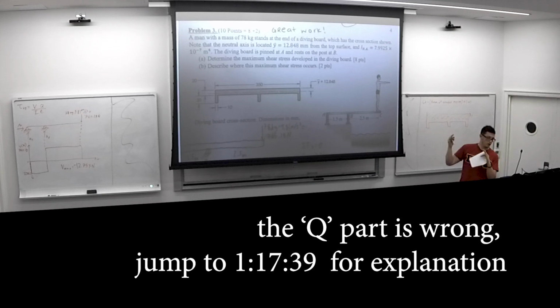Because that's the cross section, right? So we know the general definition of Q is this. It's the area of whatever region you just shaded times the distance from its center to the surface.